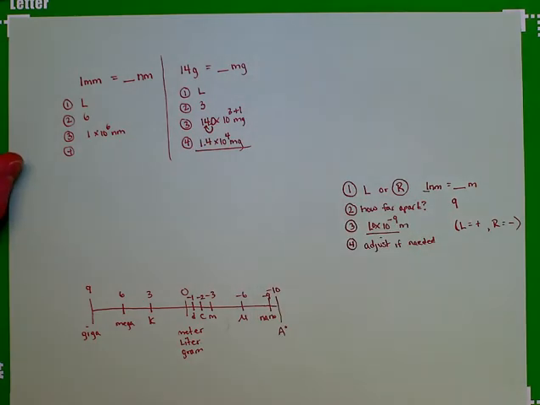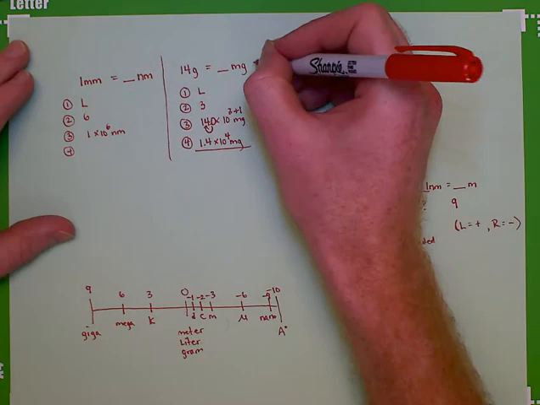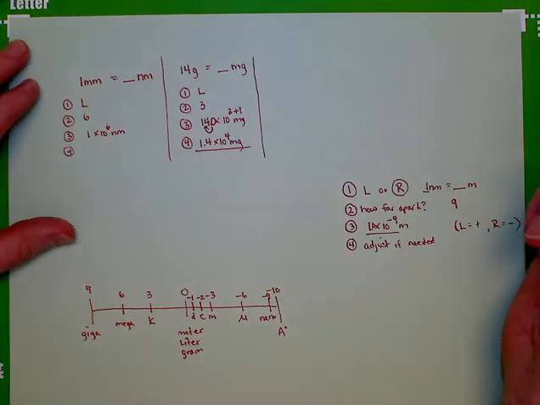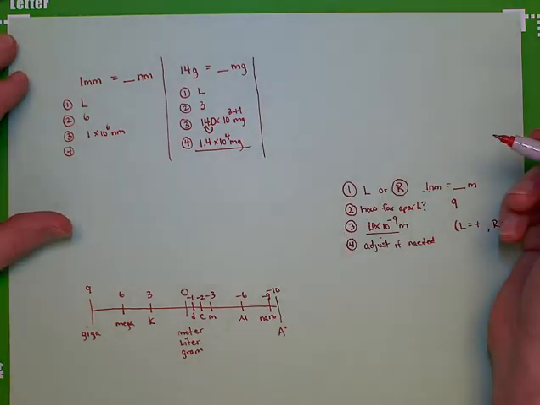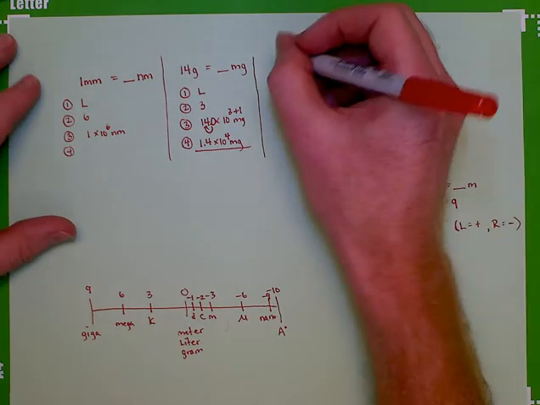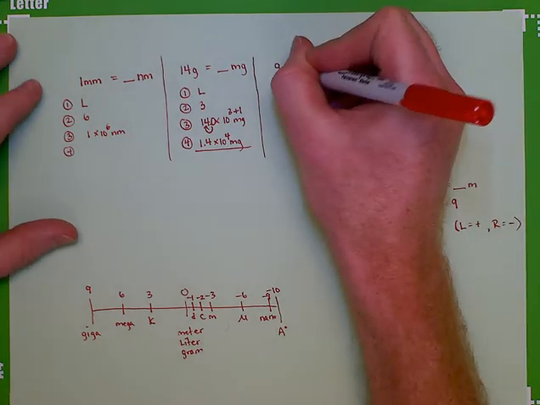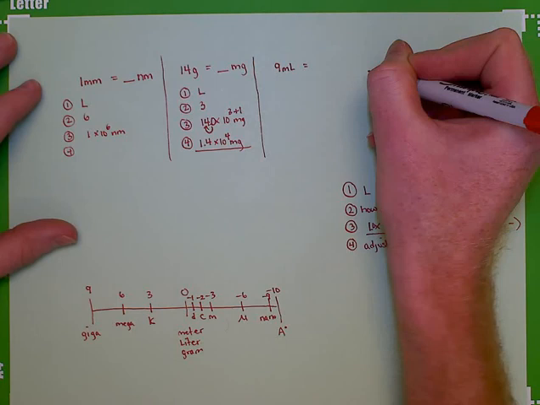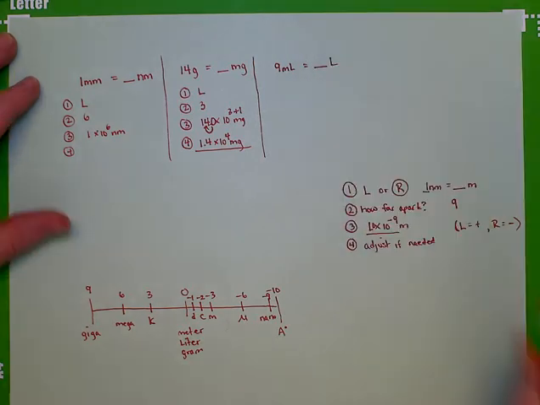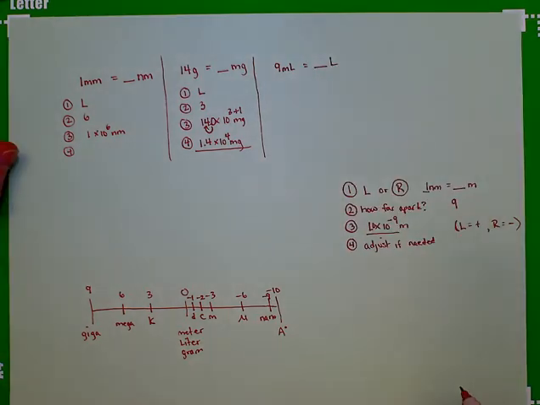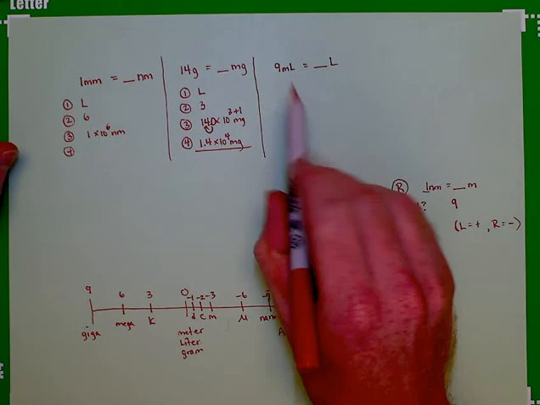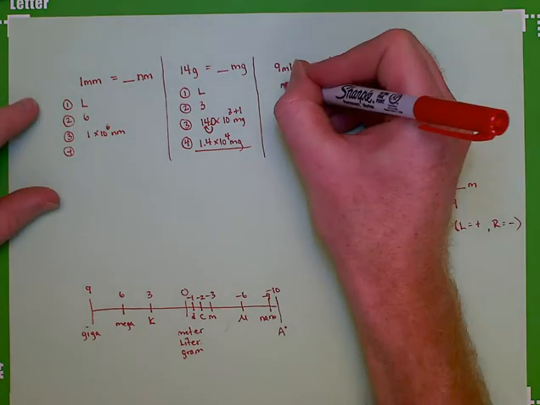Okay? I'm going to do a couple more. Hopefully you're picking up on this. Let's see. 9 milliliters is equal to how many liters? Okay, first thing we want to look at. Number 1, which side has a larger unit?